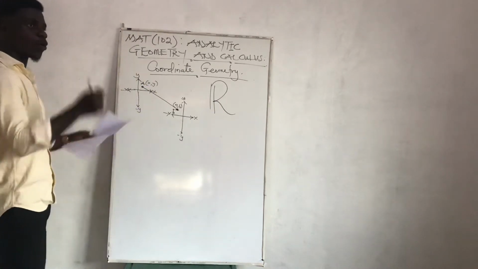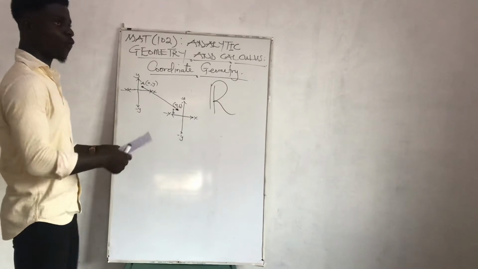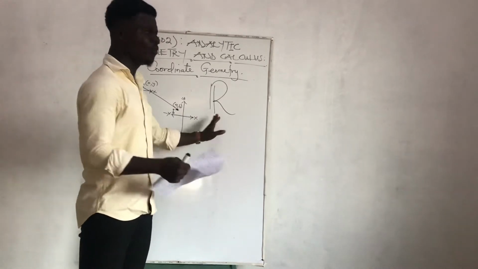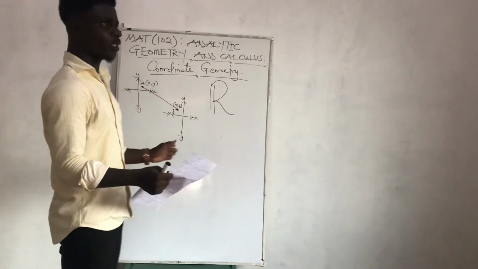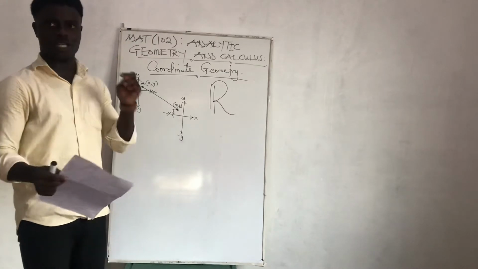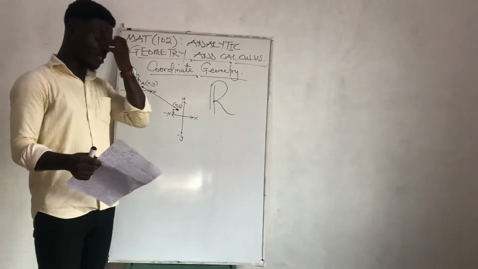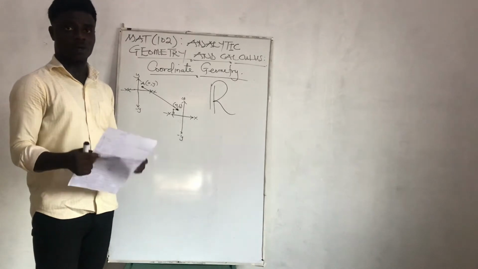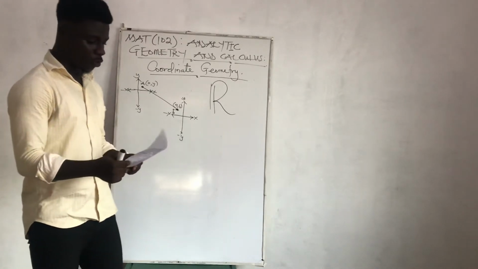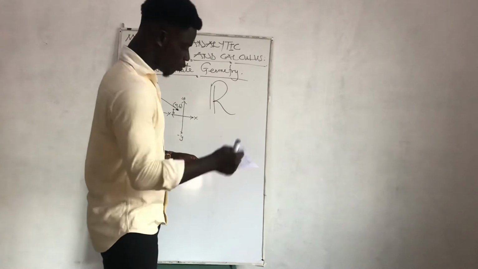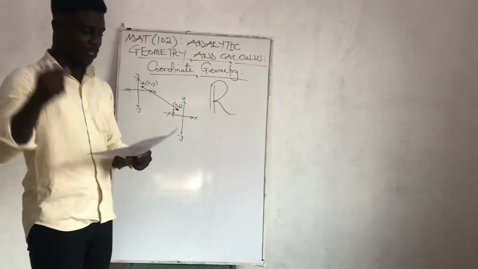I believe you all know real numbers. When you talk of real numbers, you have rational numbers, irrational numbers, natural numbers. They are all available for real numbers, right? So, with real numbers to form the coordinate line.